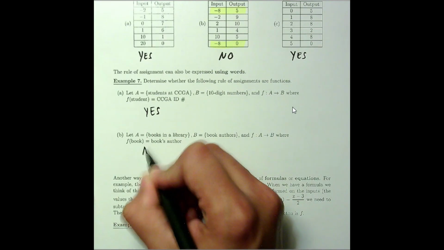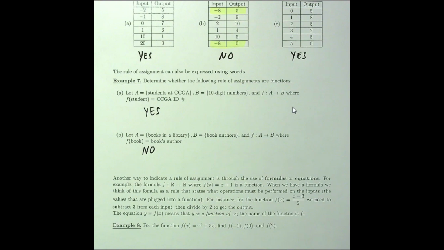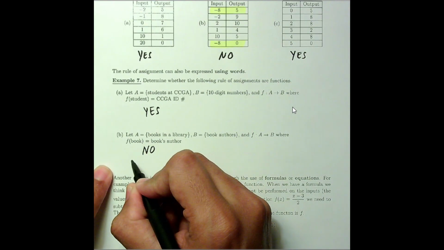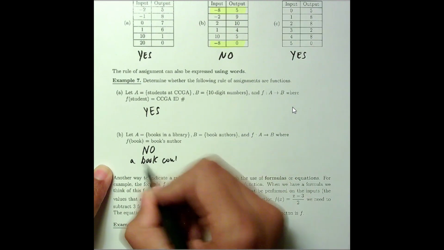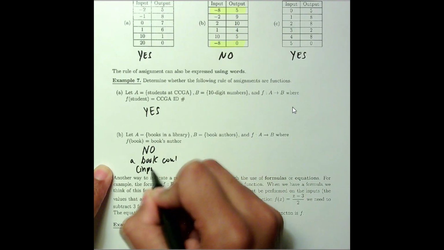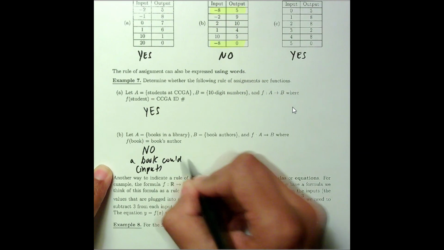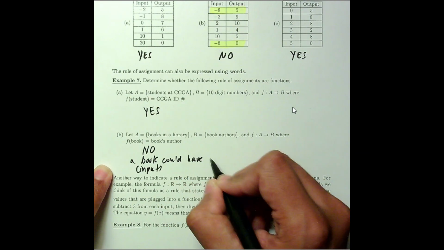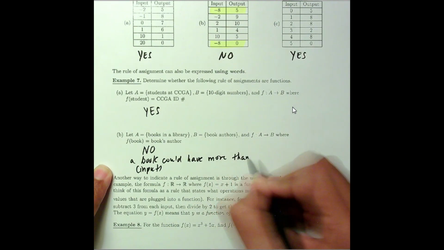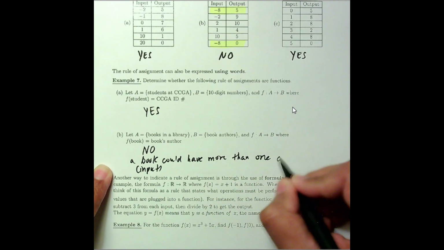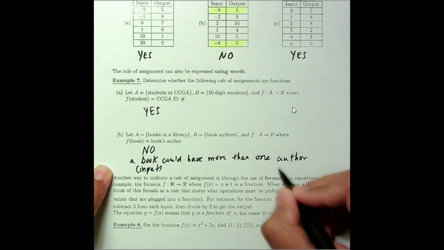The answer to this one is no, because one book could have more than one author. A book, which is the input, could have more than one author, which are the output.